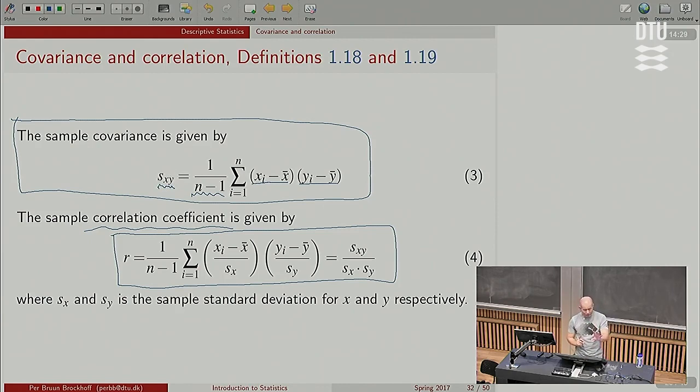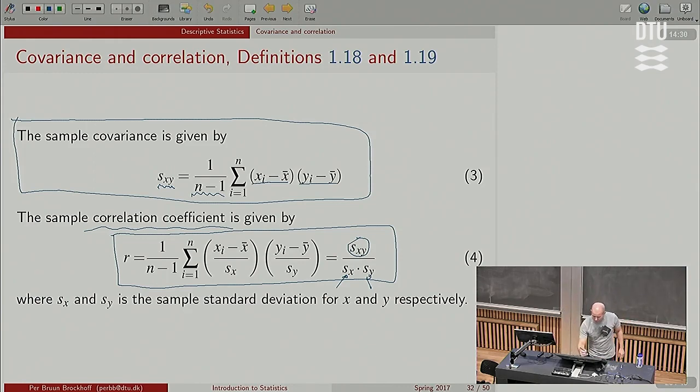This is the covariance. It is basically the covariance divided by the two standard deviations. So you sort of standardize this measure of covariability to a standard scale by dividing by the actual standard deviation of x and the actual standard deviation of y.